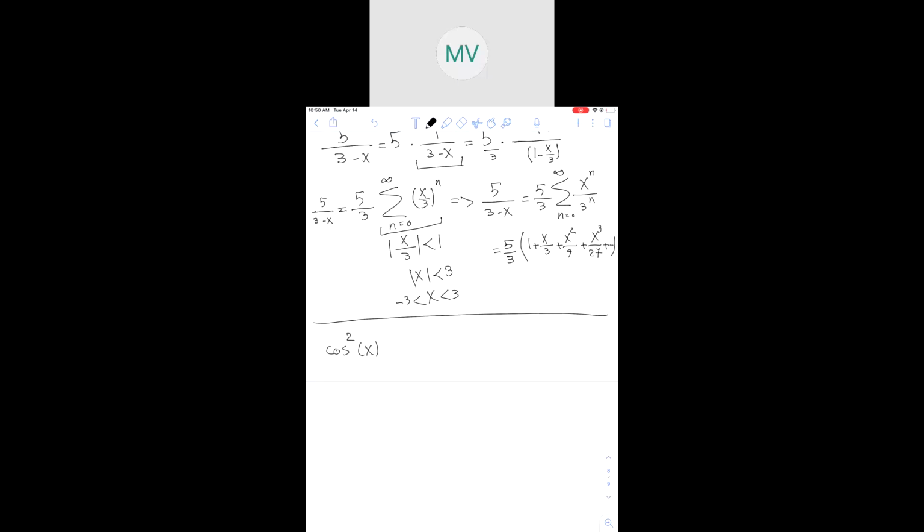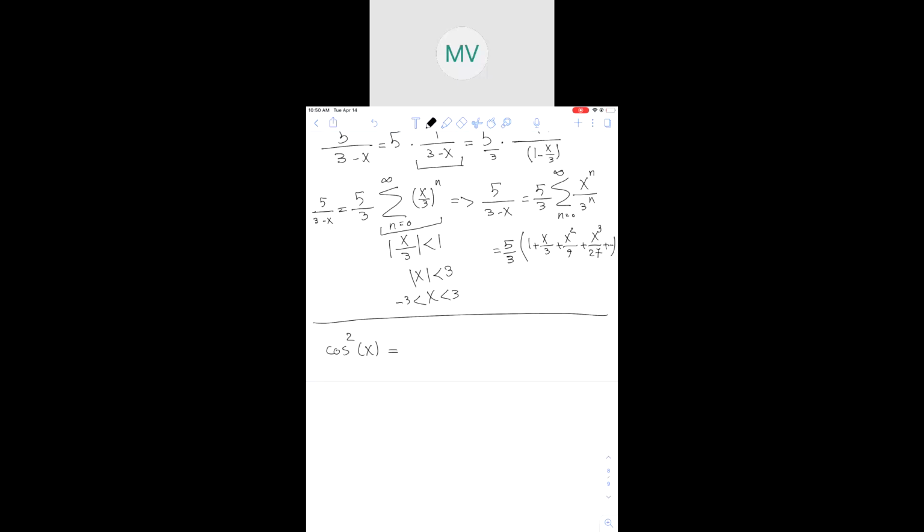This is part D of question 2. You want to write down the Maclaurin series for cosine square of x. Let me give you a hint. We have the Maclaurin series for cosine of x, or cosine of whatever argument. But here you have cosine square of x.